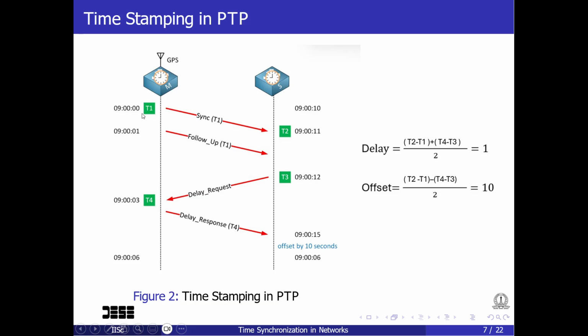Through this mechanism we have four timestamps, t1, t2, t3, t4, and we have formulas for delay and offset. At the initial stage we have an initial offset of 9. If it started at 9, it is at 9:10, which we can find out using this formula. And we have some transmission delay, that is 1 second, which we can find using this.